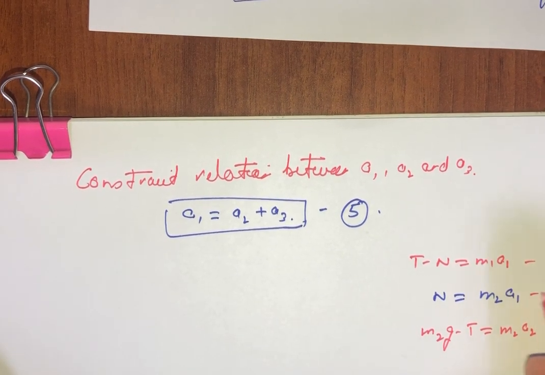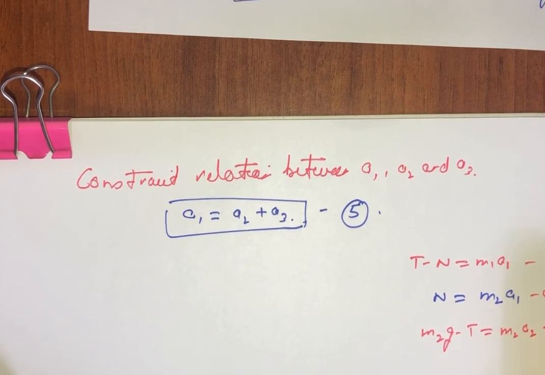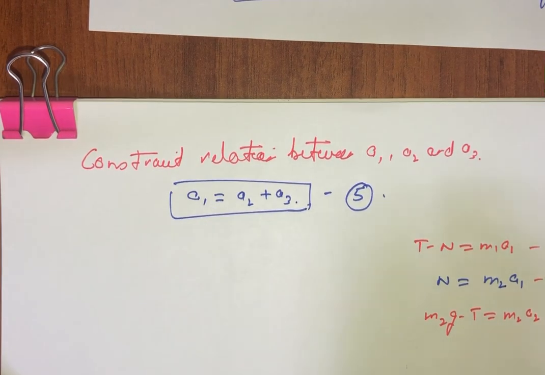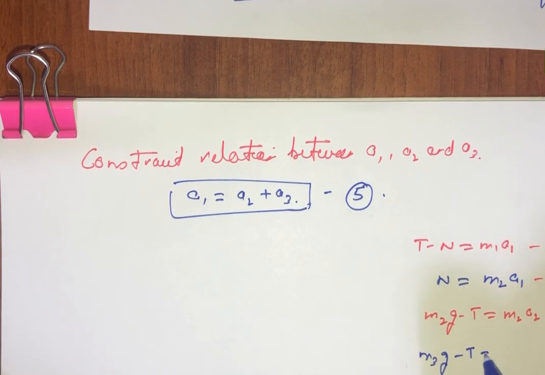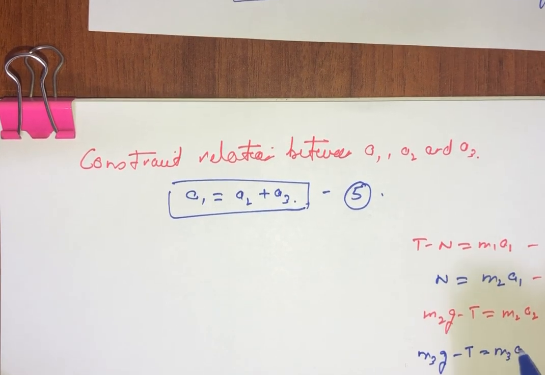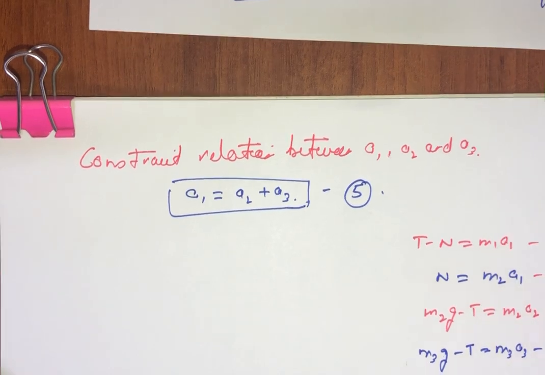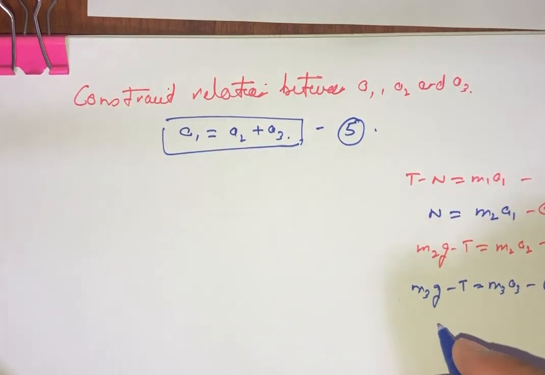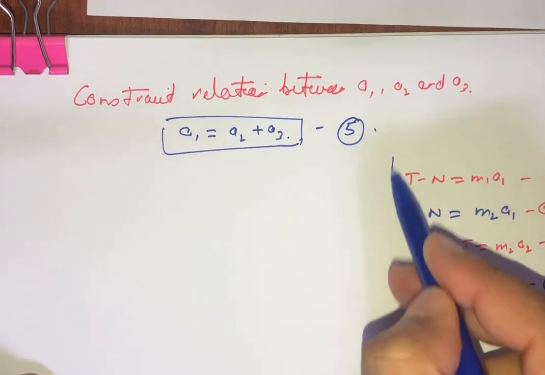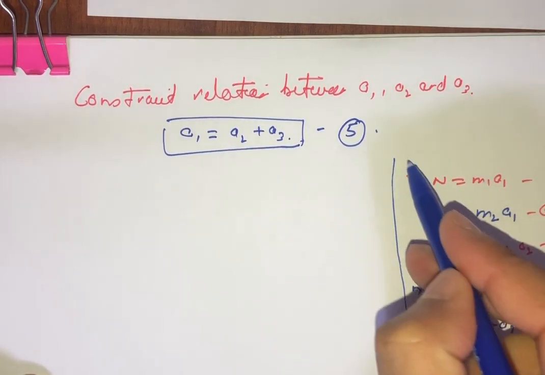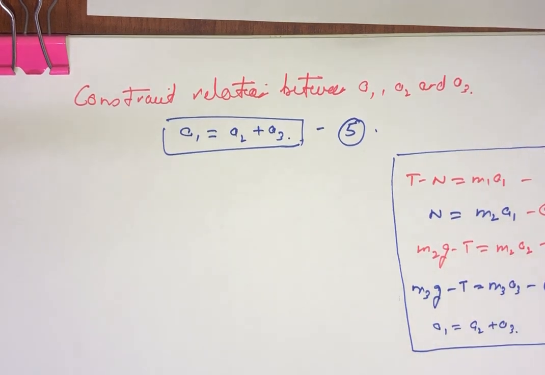First equation, second, third. We have the fourth equation, that is m3 g minus T is equal to m3 a3. This is the fourth equation. And the fifth one is a1 is equal to a2 plus a3. So these are the 5 equations.